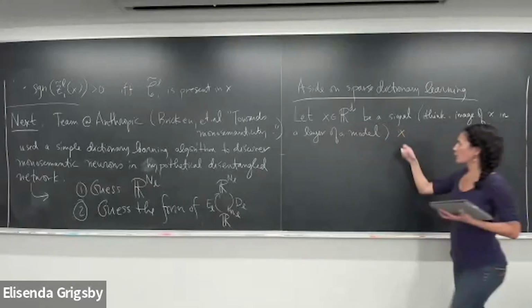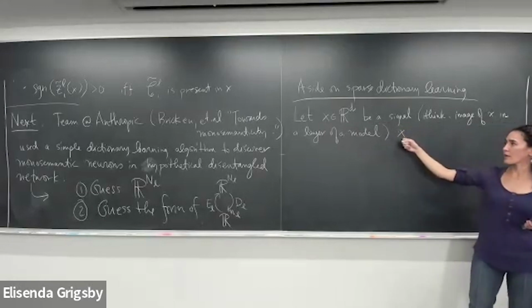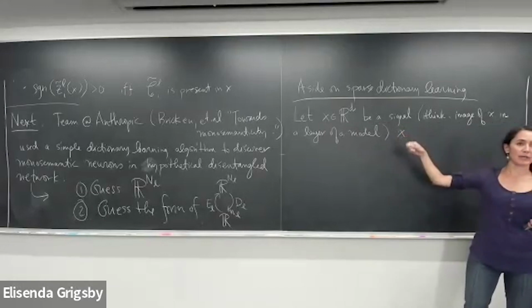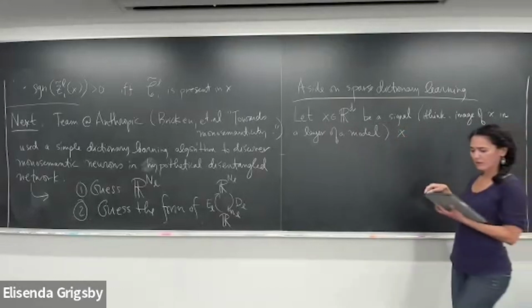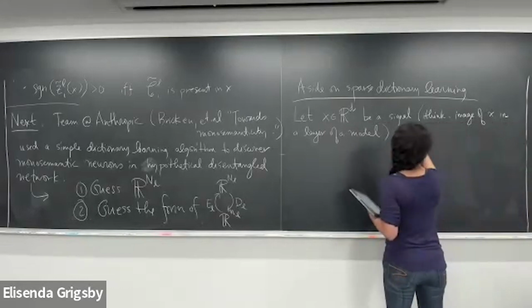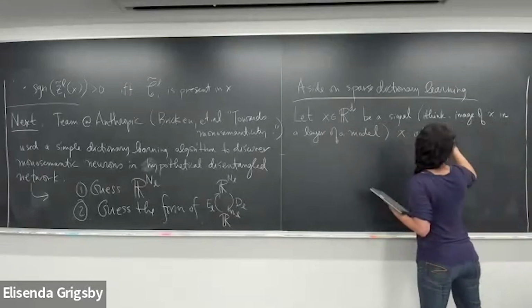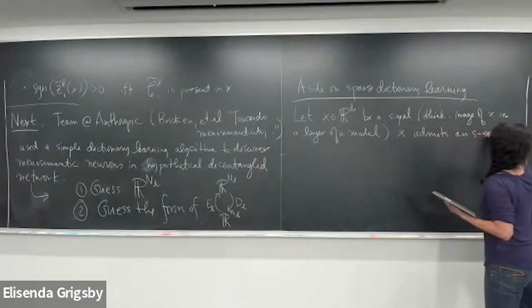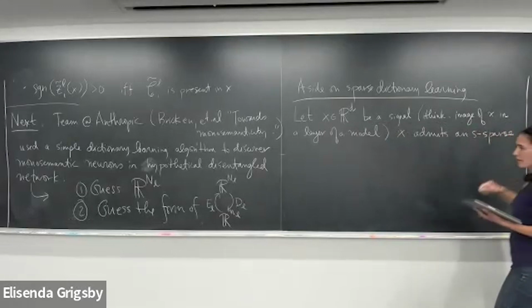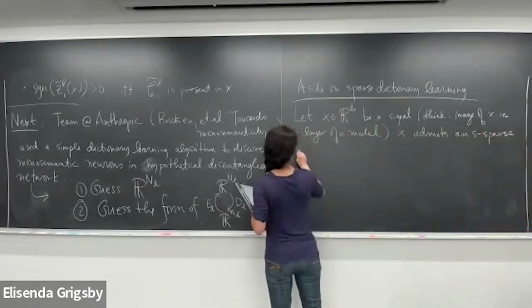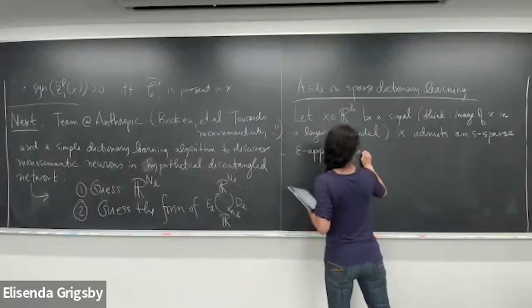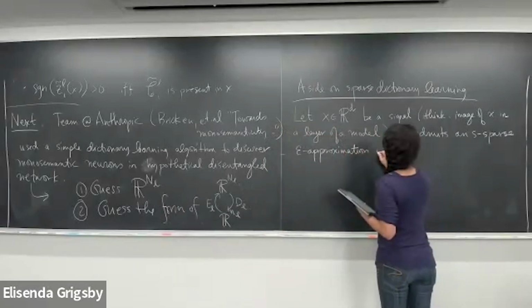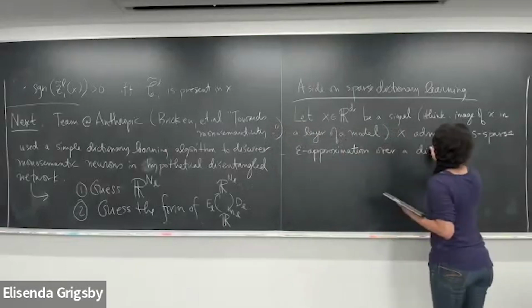What you really want is to be able to represent X sparsely with respect to some fixed finite set of vectors. So X admits an S-sparse epsilon approximation over a dictionary D.